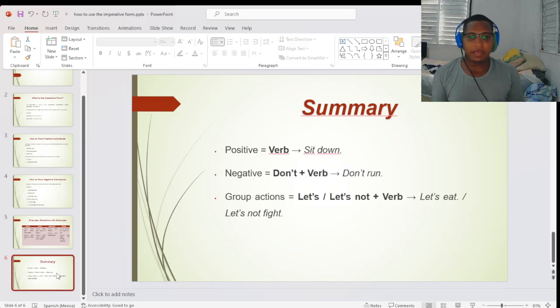Then in the negative, we add don't plus verb. For example, don't run. In group situations or actions, we put let's or let's not plus the verb, depending on whether it's positive or negative. For example, let's eat, let us not fight.